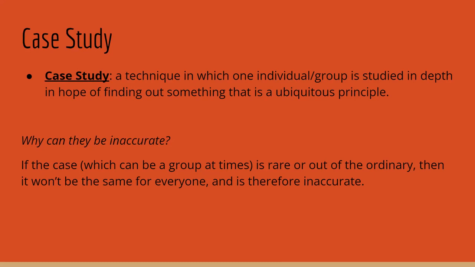But they can be inaccurate because what if someone was out of the ordinary? Then it's inaccurate because it's not the same for everyone. So let me try to think of an example.